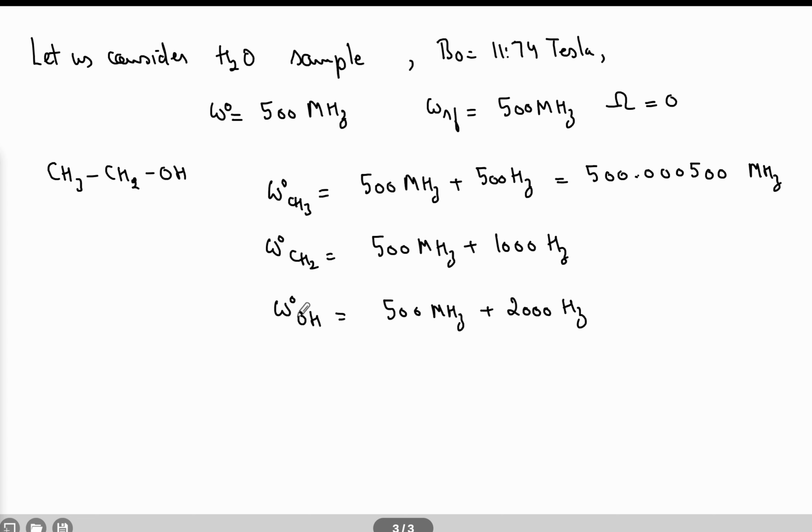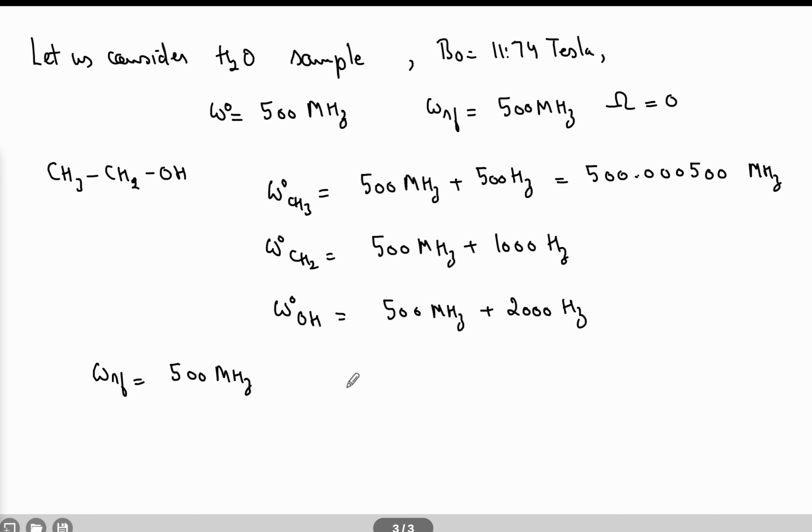Any of these protons. So let us say if I keep my omega RF at 500 megahertz, we can discuss different scenarios.